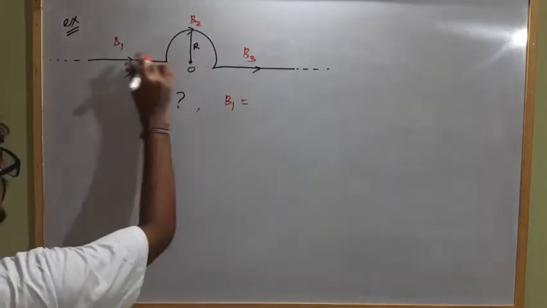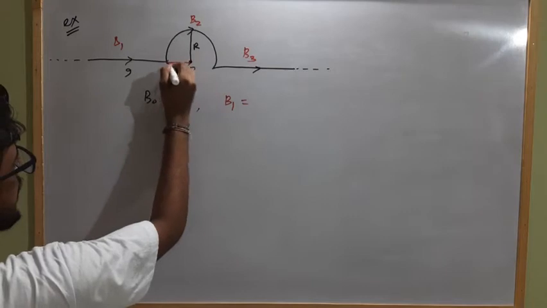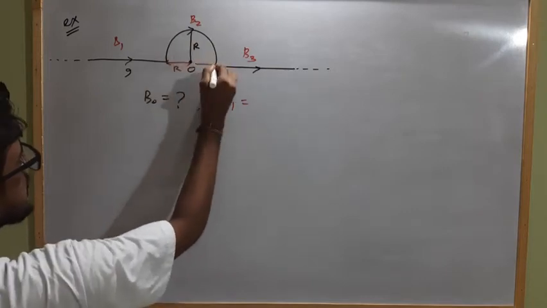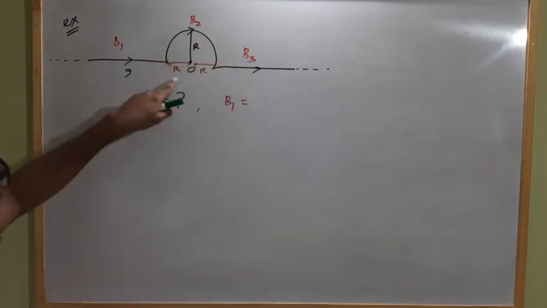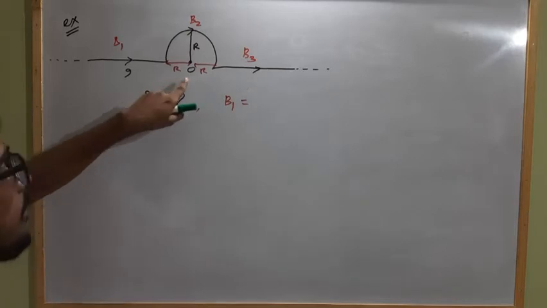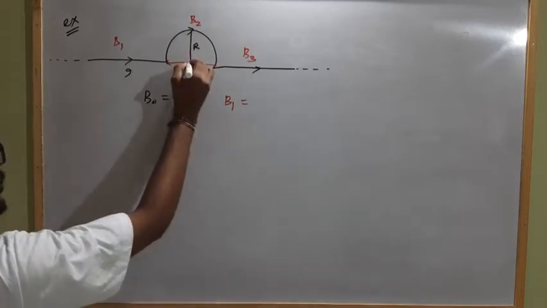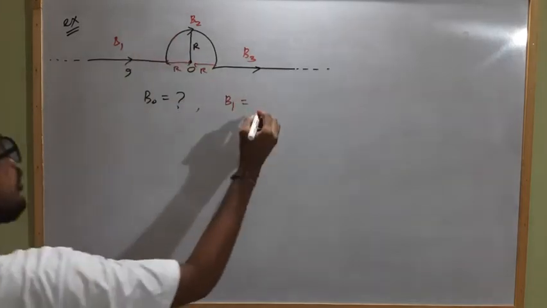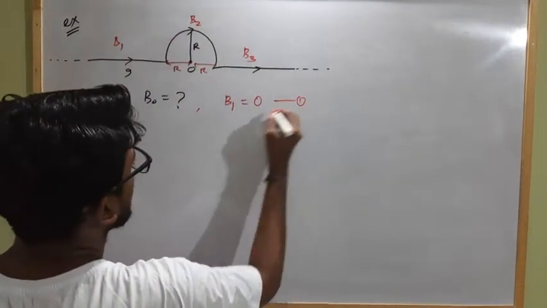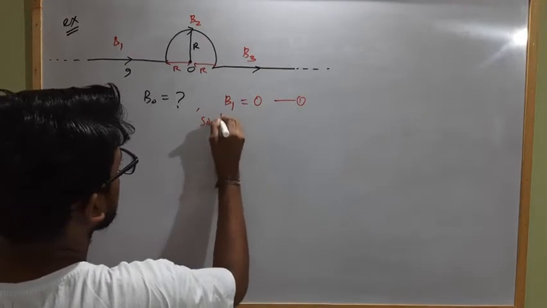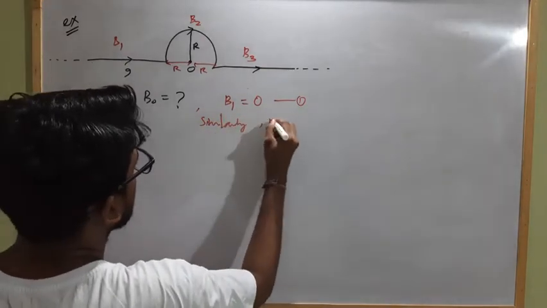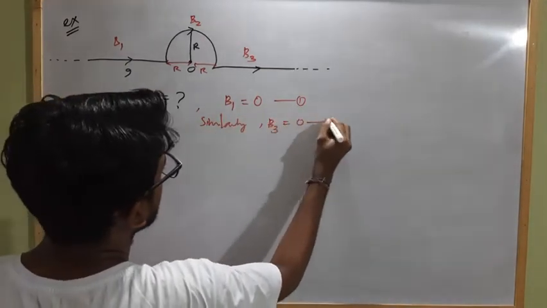This distance is also r, as the point of observation is at a distance r from one end but along its length, so the magnetic field strength at O due to this long straight conductor will be 0. Let it be equation 1. Similarly, B3 is also 0, equation 2.